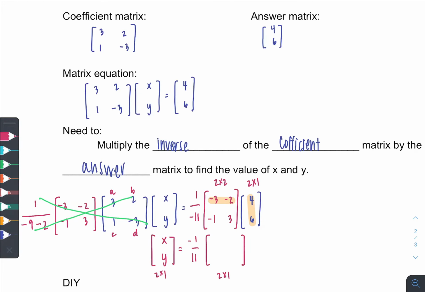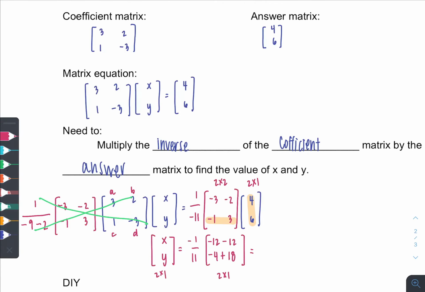So negative 3 times 4 is negative 12. Negative 2 times negative 6 is negative 12. Then we're going to do our second row by our first column. So negative 1 times 4 is negative 4. And then plus 3 times 6, which is 18.